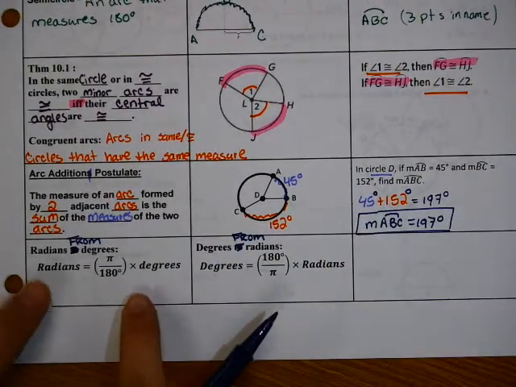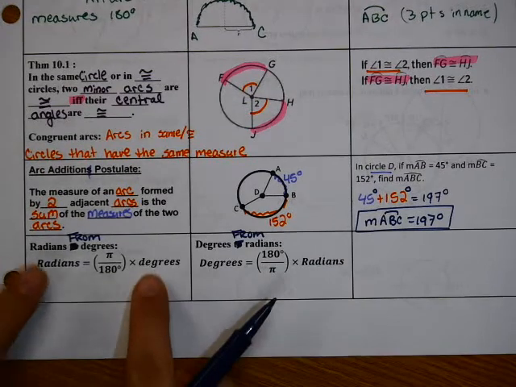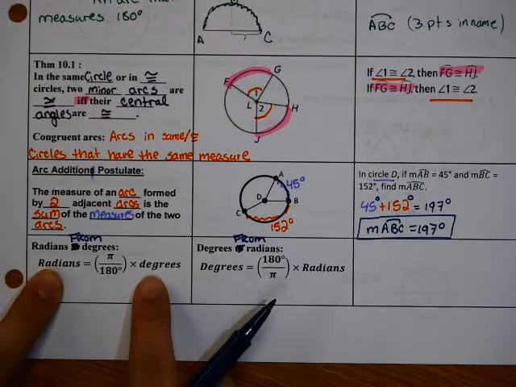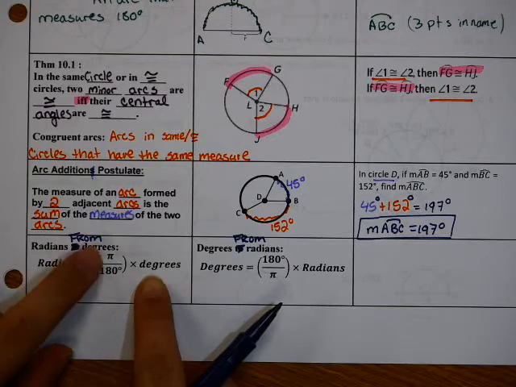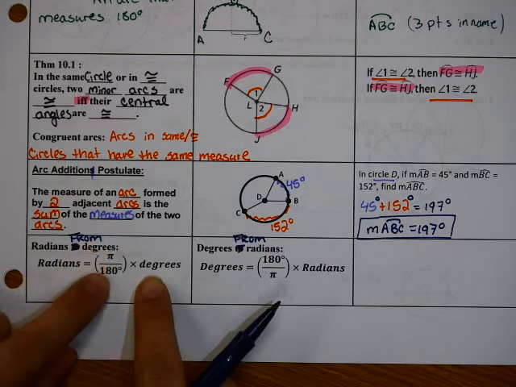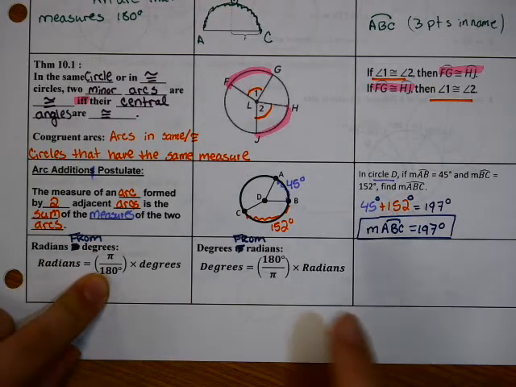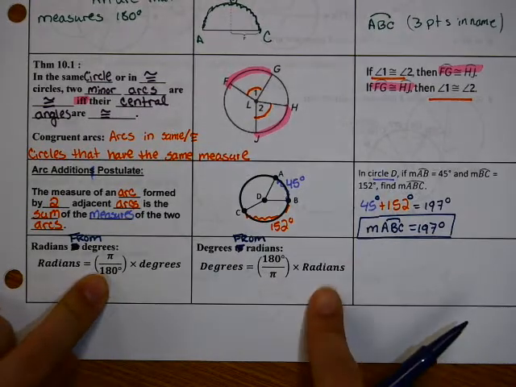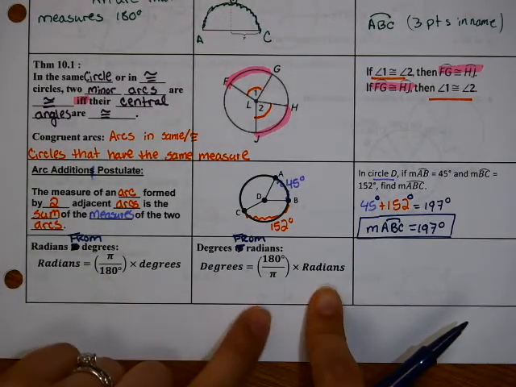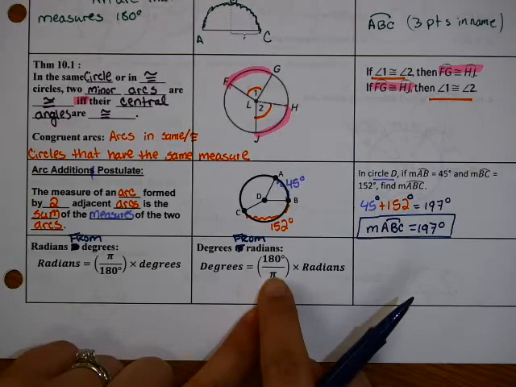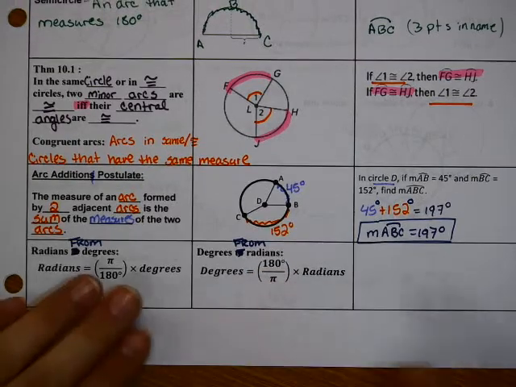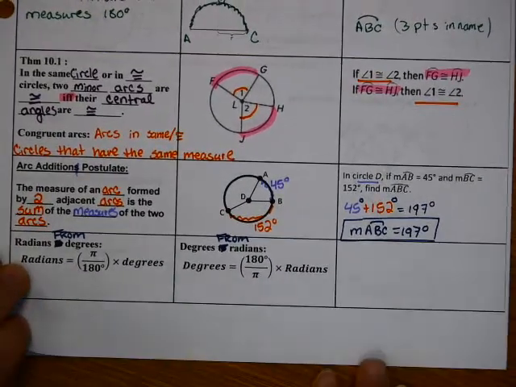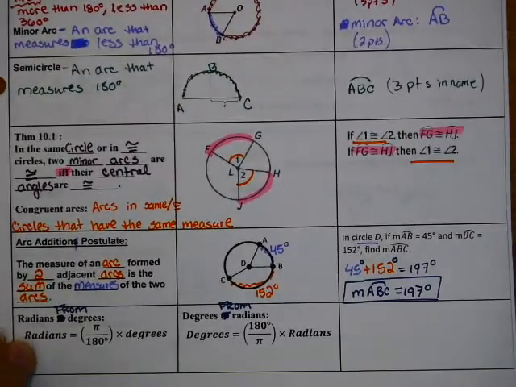If I want to change degrees to radians, I'm going to use this formula where I take the number of degrees and multiply it by pi over 180. But let's say I have pi radians first and I want degrees, so I will multiply by the reciprocal, 180 over pi. Let's look at a few examples.